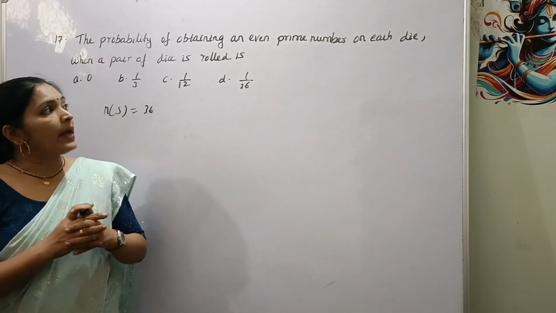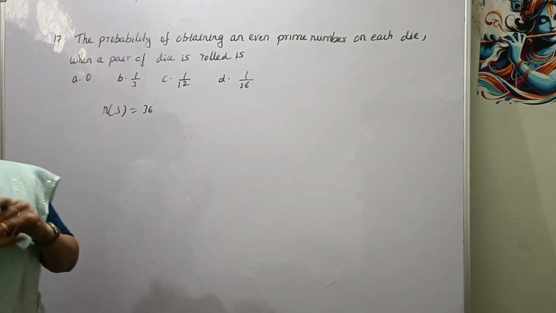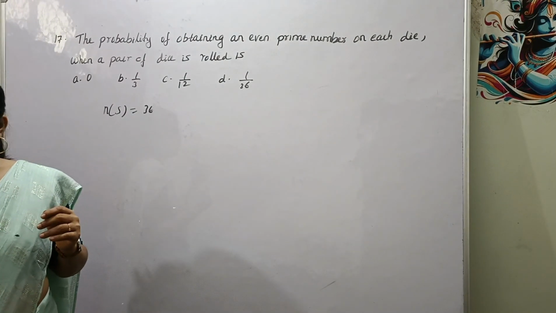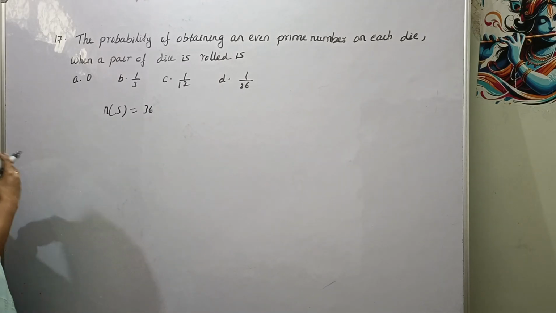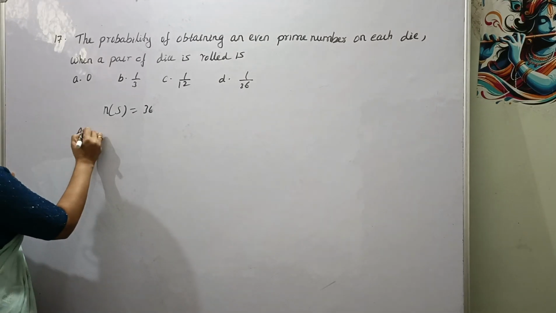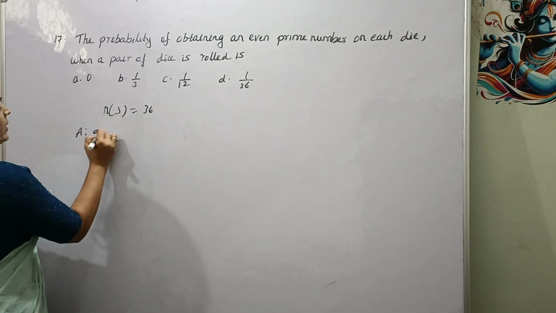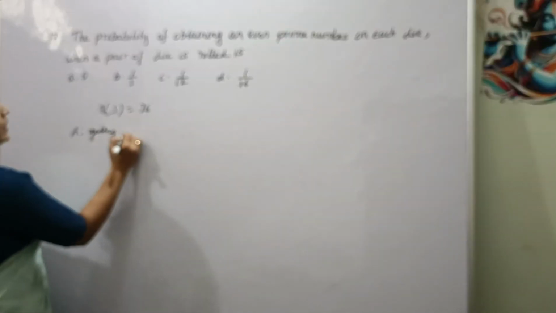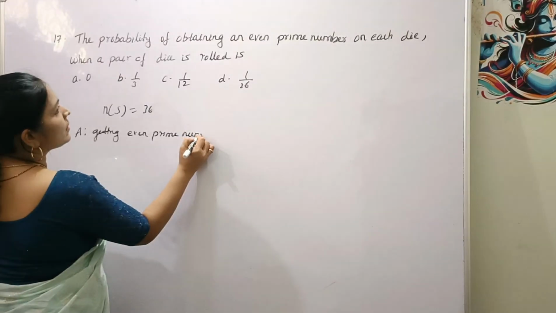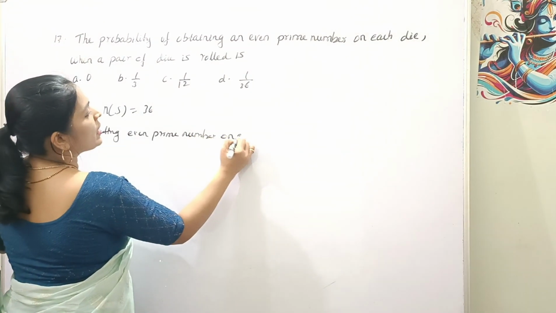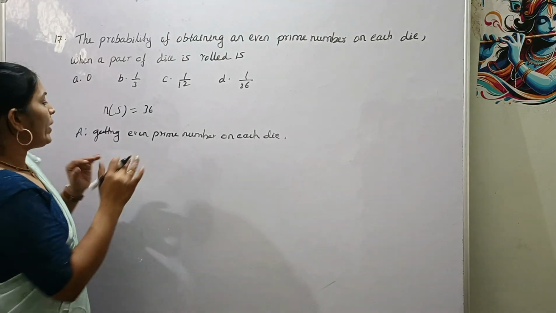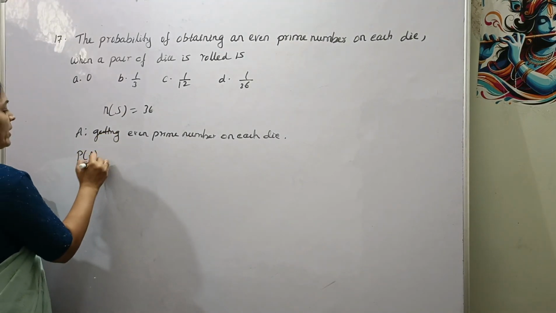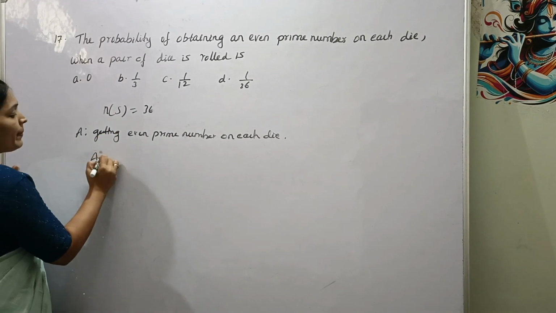We know that there is only one even prime number, that is 2. So let A be the event of getting an even prime number on each die. Now what is the probability of A? What are the elements of A?